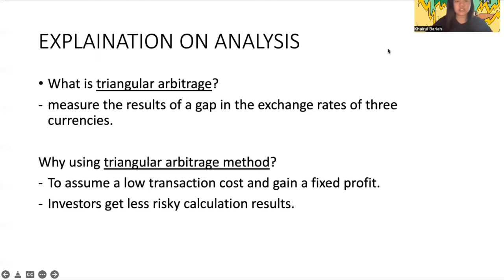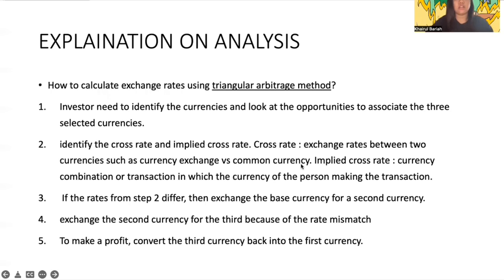The next part. This is how we calculate exchange rate using triangular arbitrage method. First of all, investors need to identify the currency and look at the opportunities to associate these three selected currencies. Like us, we choose the three currencies that I've mentioned before. So we identify the currencies and we look at the way how to calculate it.